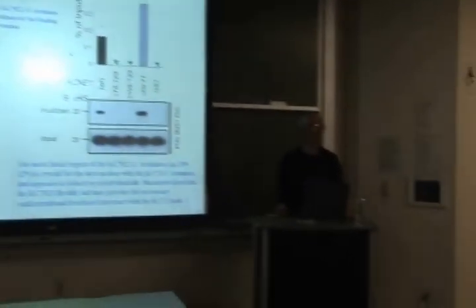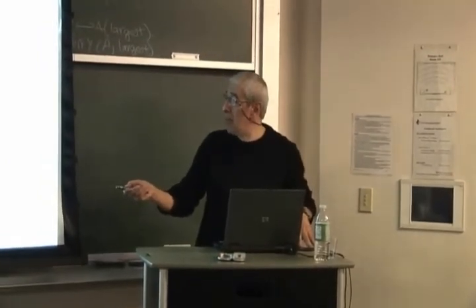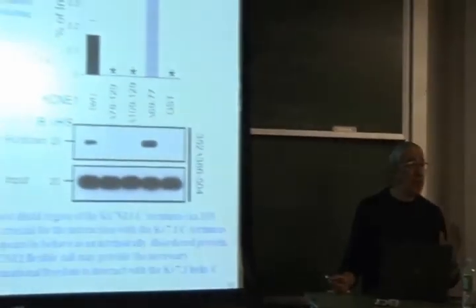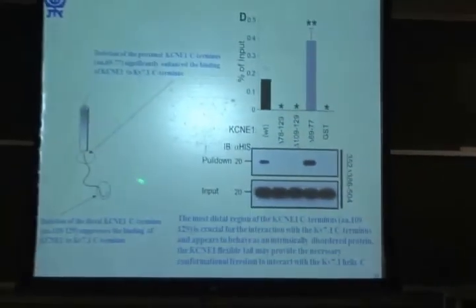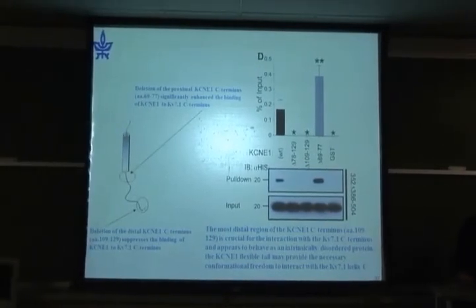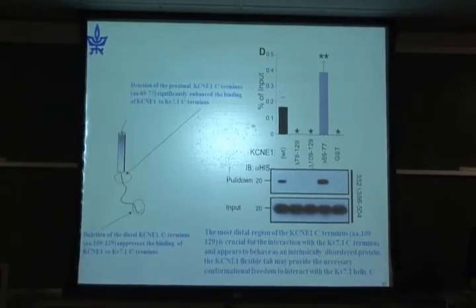they analyzed the NMR spectra of the KCNE1 protein, and they found that actually this part of the KCNE1 C-terminus is a very disordered one. So we believe that the C-terminus, and especially the distal part of the C-terminus of the beta subunit, behave as an intrinsically disordered protein.